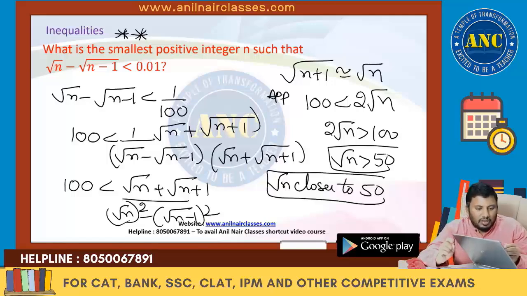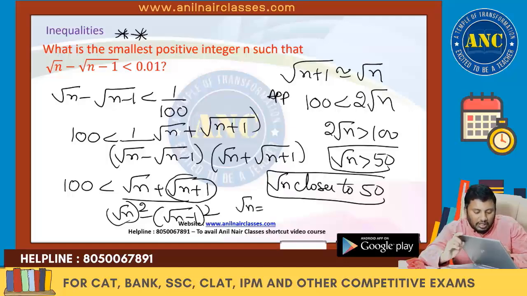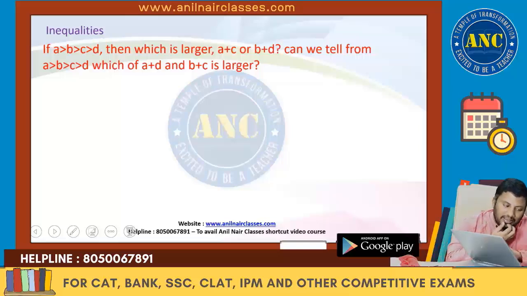So this will be root n plus 1, highest I require. So root n is 50, n will be 2500. Or root n plus 1 is 50, n will be 2499.